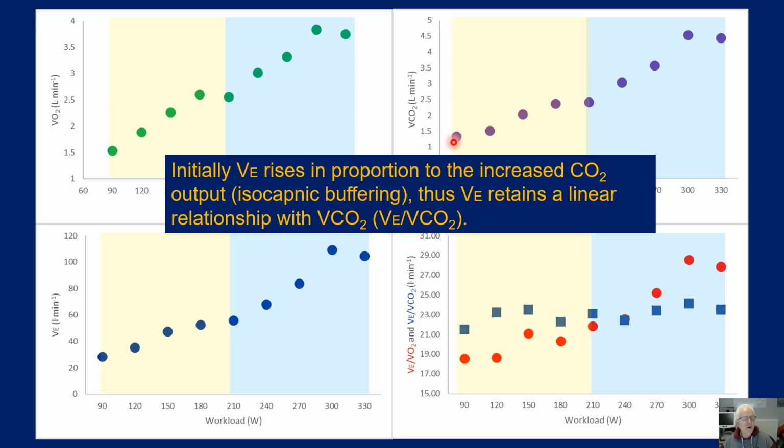VO2 rises in a linear fashion because it reflects the ATP turnover rate, so it's proportional to exercise intensity. CO2 rises in proportion to the exercise intensity up to this lactate turn point. CO2 is what drives respiration. So this is really important.